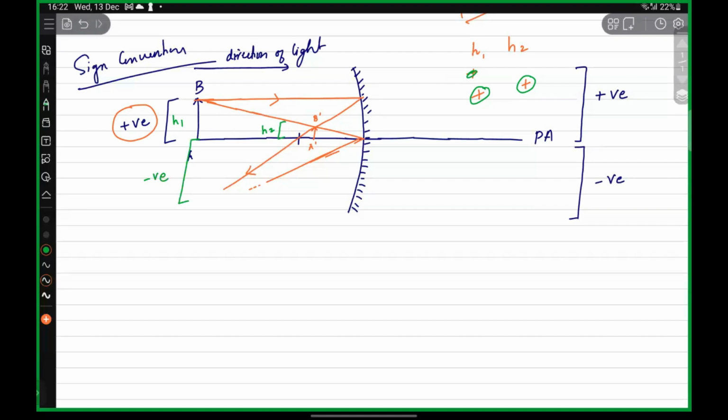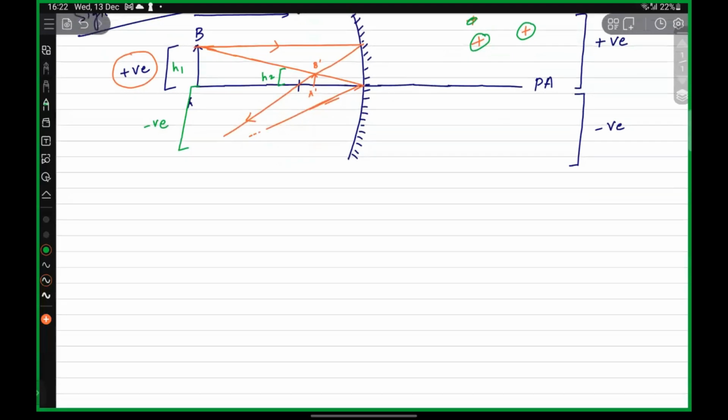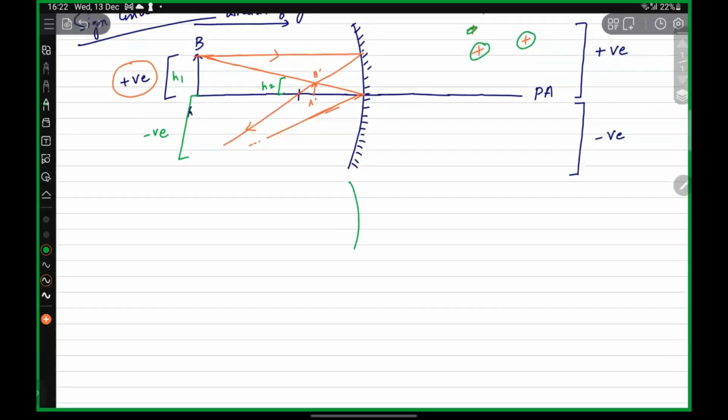Okay. Now what we need to do is understand one last thing, the last part of the sign convention. I don't want to make this overcrowded here, so I'll do it again with another diagram. The diagram is similar. You have a concave mirror like this. You have a principal axis that runs through the optical center, and you have an object here.